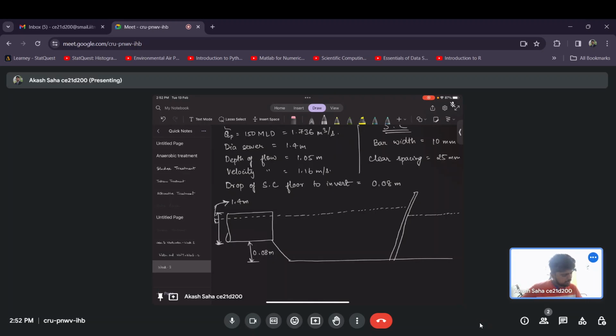Okay, and suppose I'm taking this as my datum, and I will take this distance just for starting as Z1, and this distance as Z2. So this is the whole diagram of my screen chamber. I will see how to solve this problem.